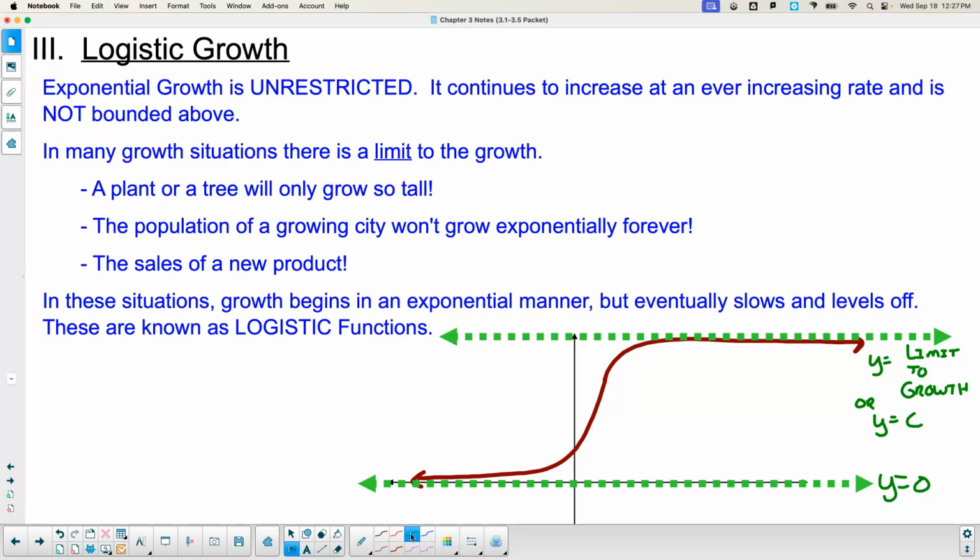Now, this one that I drew for you here is a logistic growth because it's growing at the start. There's also a logistic decay, which would start up at the upper boundary, and then it would decay down, and it would end along the lower boundary. So there is a growth and a decay for a logistic function.